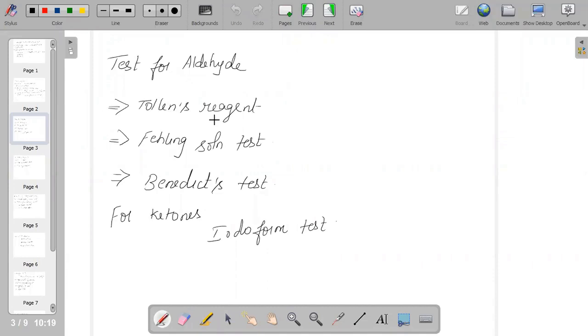We can also use the Fehling solution test. Fehling solution is prepared by mixing equal amounts of Fehling solution A and Fehling solution B, that is, copper sulfate and sodium potassium tartrate, which we also call Rochelle salt.